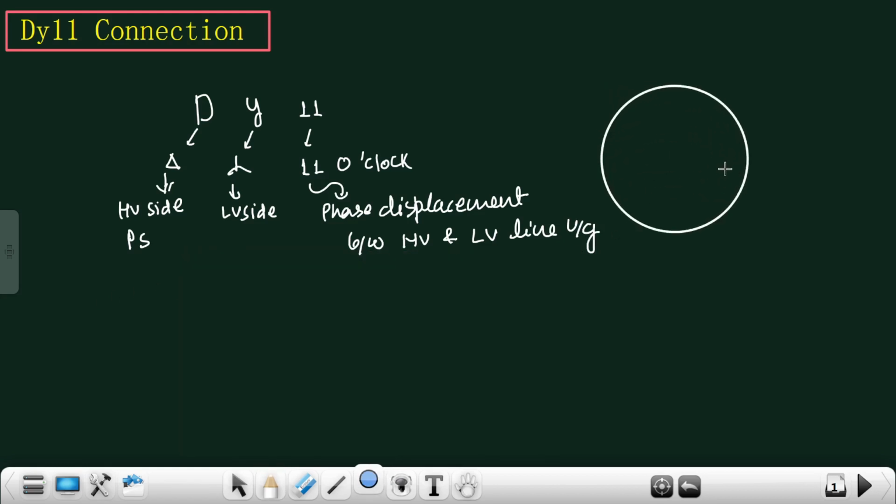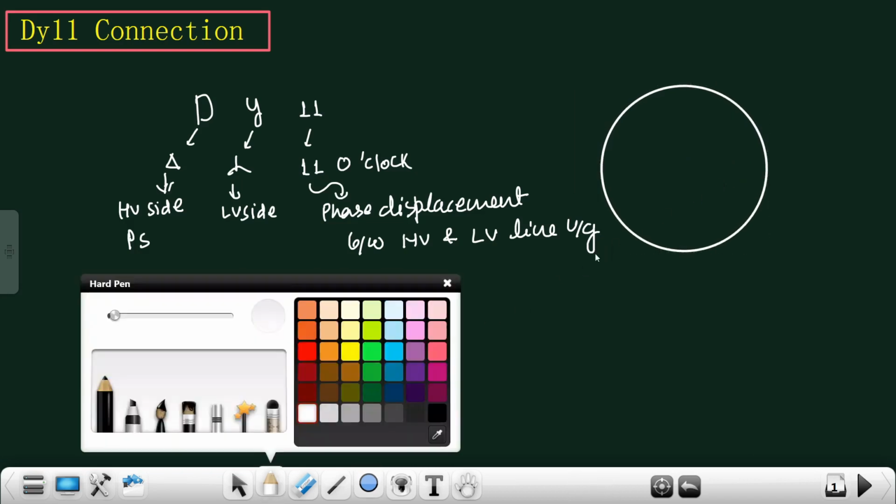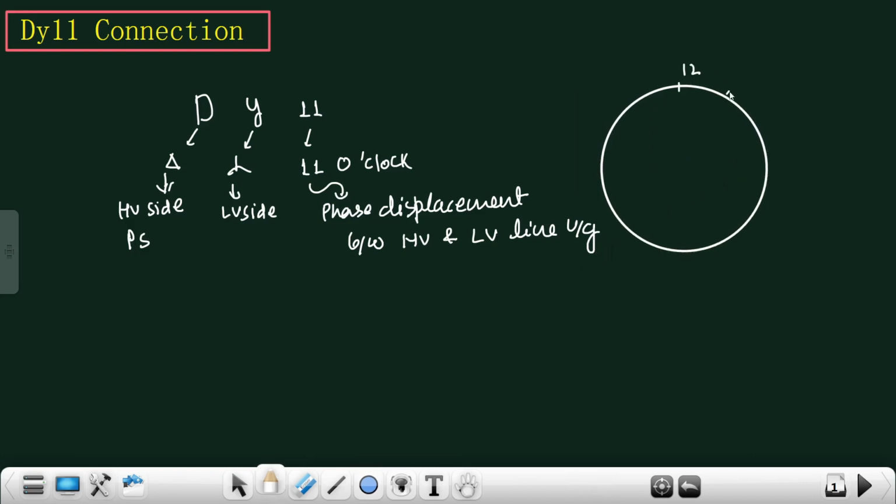So I am taking a clock. This is the clock, and we know that this is 12, then 1, 2, 3, 4, 5, 6, 7, 8, 9, 10, 11.